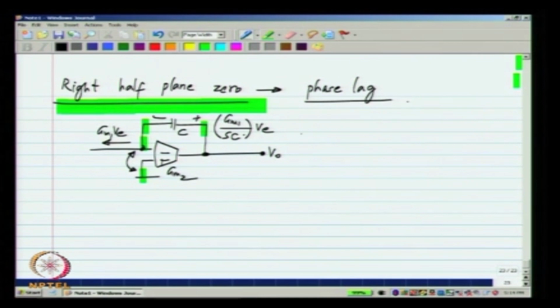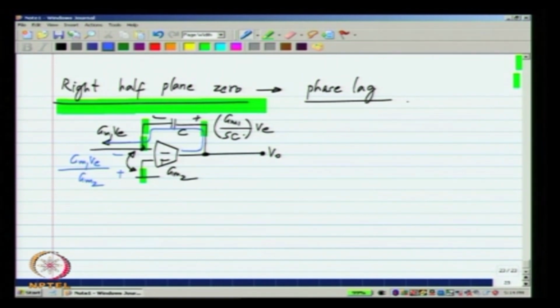Now, I have assumed that there is no load or anything like that. So, this current GM1 VE passes through the capacitor and has to come out of the transconductor. If it has to come out of the transconductor, across this there must be a voltage which is equal to the current through the transconductor divided by the transconductance value, which is GM2.